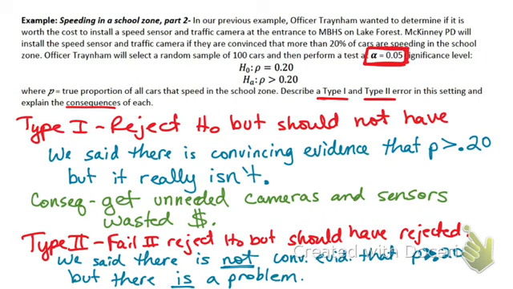And what's the consequence of this one? If we fail to reject the null hypothesis, are we going to get the speed cameras? No, we are not going to get the speed cameras. But are they needed? Yes. So what's the consequence here? Undocumented speeding. We don't get the speed cameras or the sensors.